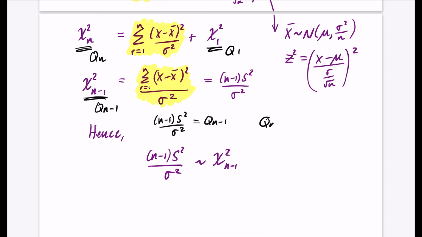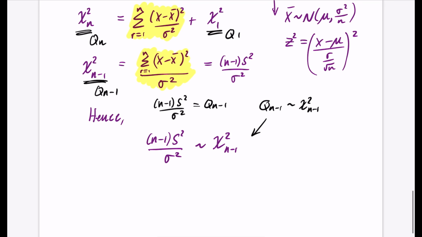And we know that Q_{n-1} is distributed with a chi-squared distribution of n minus 1, which therefore means that this thing is true. We don't normally write a distribution being equal to something, but I feel it was fine to do it in this way.